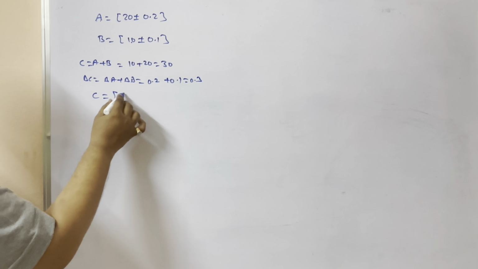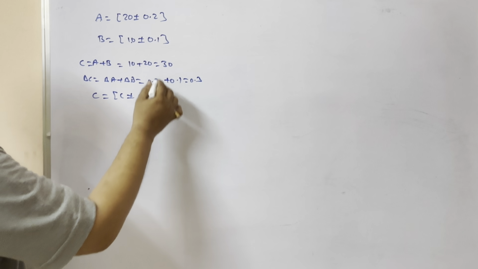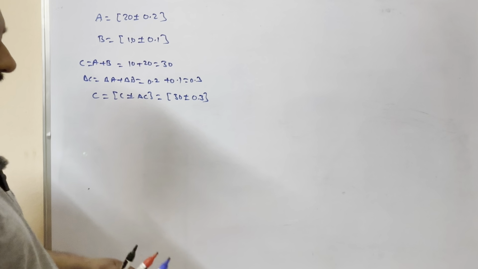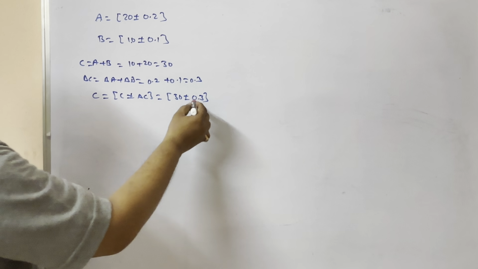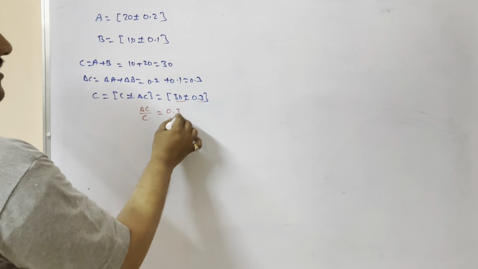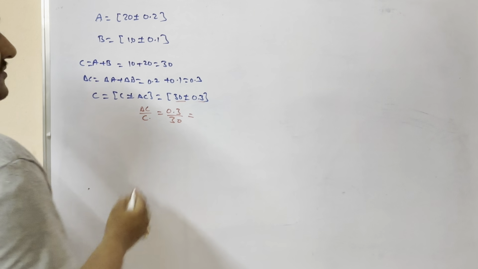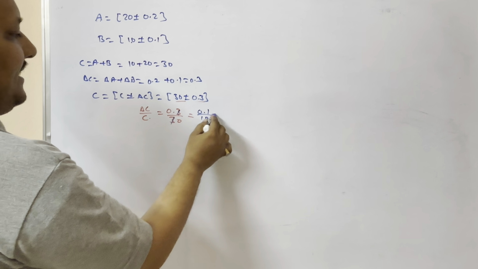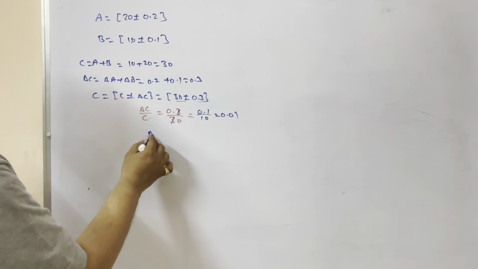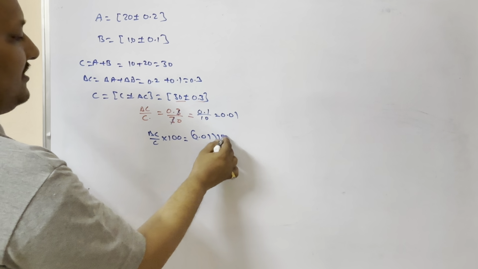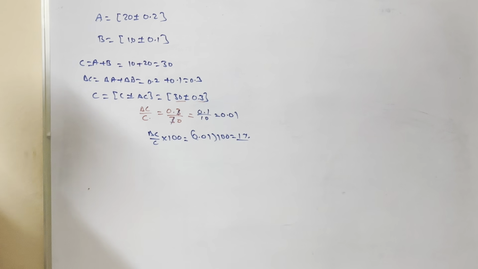Then how do we write C? C plus or minus delta C, so 30 plus or minus 0.3. How do we find the relative error? Delta C by C, 0.3 by 30. So, 3 will be cancelled here, 1 times 0.1 by 10, 0.01. Percentage error is delta C by C into 100, 0.01 into 100, that is 1%.